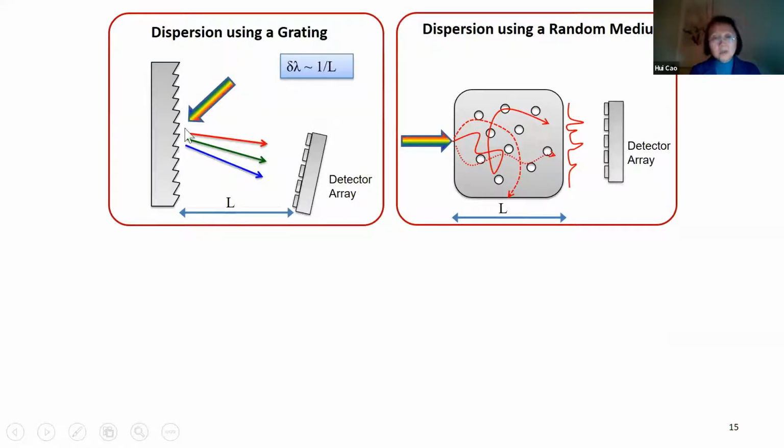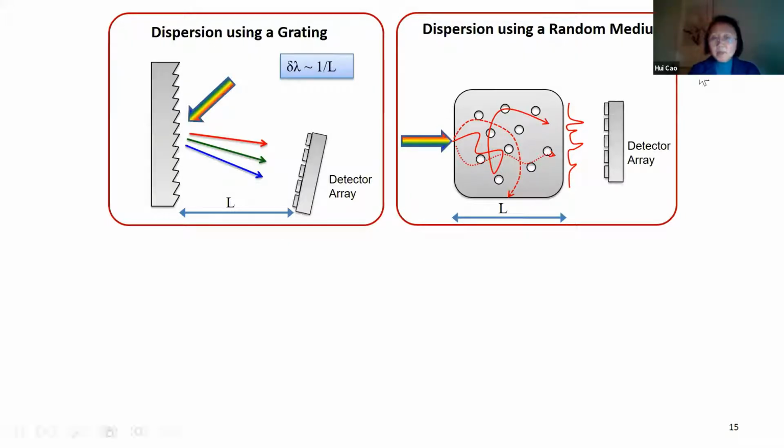Before, the light propagated in a straight path, that's why we need a long distance between the grating and the photodetector array. Here we can wrap a very long path in a very small footprint by this kind of multiple scattering process, right? So that means we can effectively increase the path length so that we can enhance spectral resolution without making a very big system.